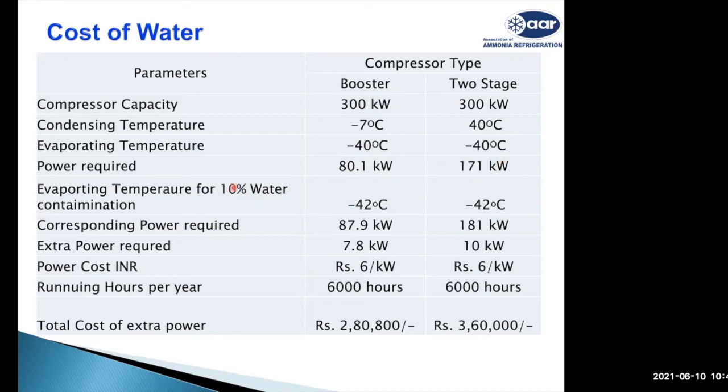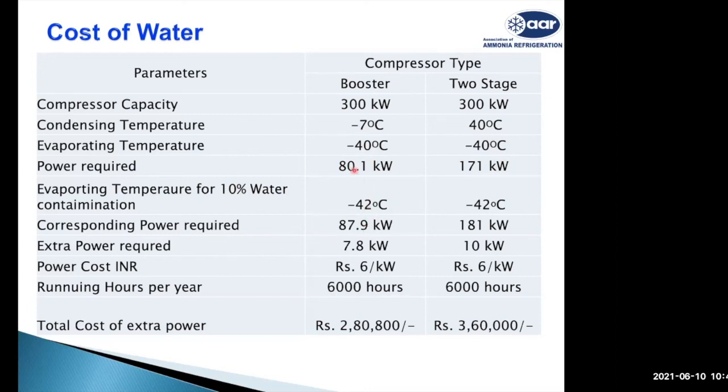If we now have 10% of water, instead of minus 40 degrees, we will be going down to minus 42 degrees centigrade. It means I will be requiring more power.